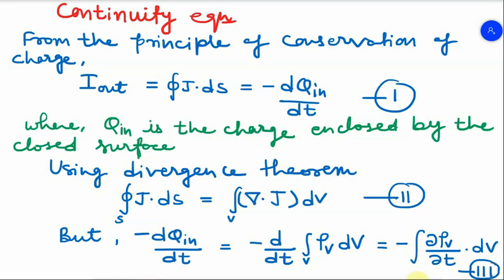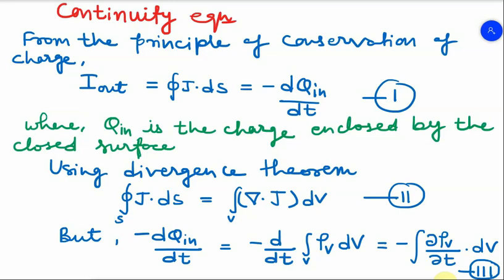Put this as equation 3. From equations 1, 2 and 3, what can we conclude? Minus dq upon dt equals the closed integral of J dot dS, and J dot dS equals the integral of del dot J dv.